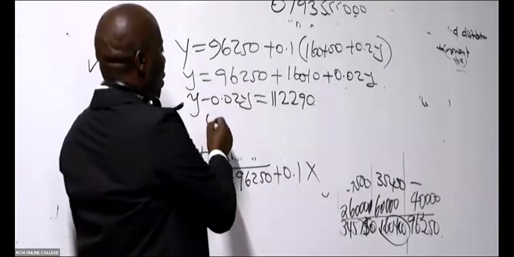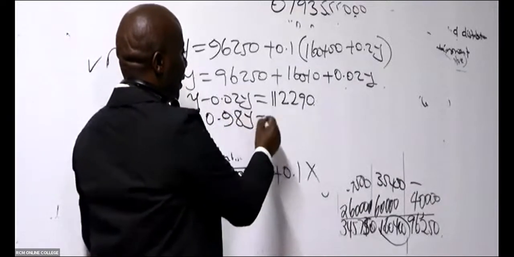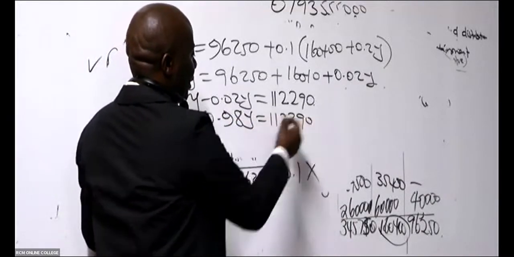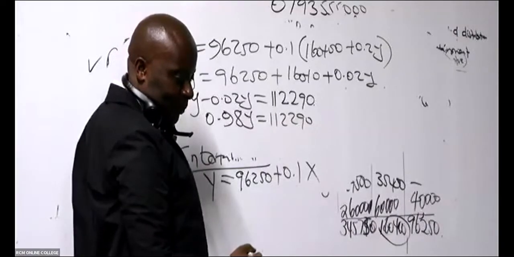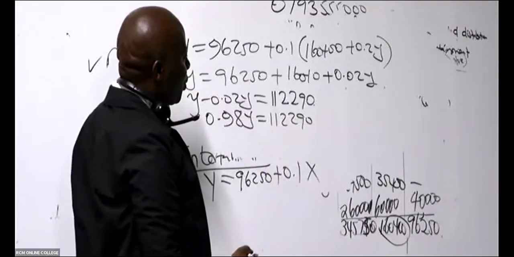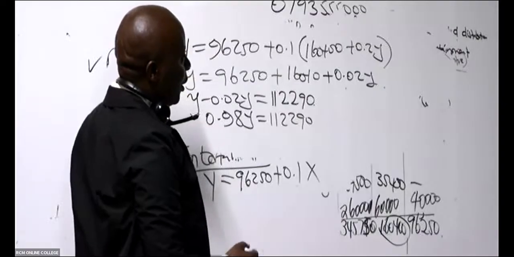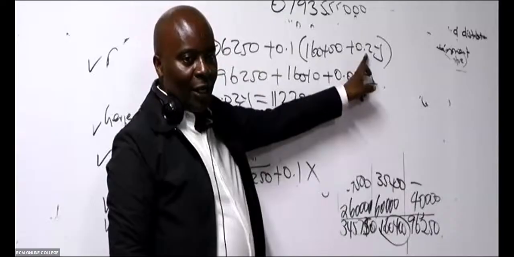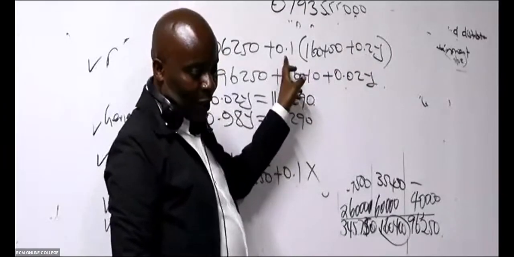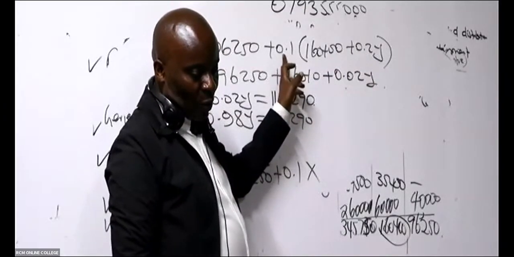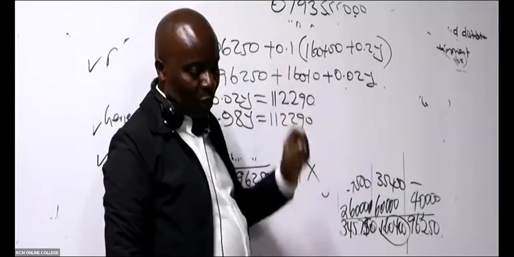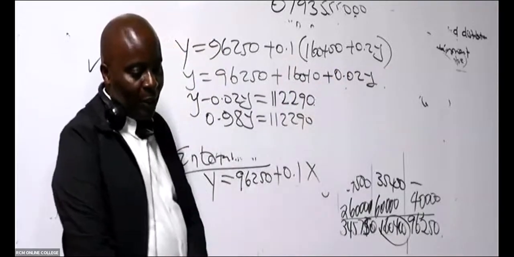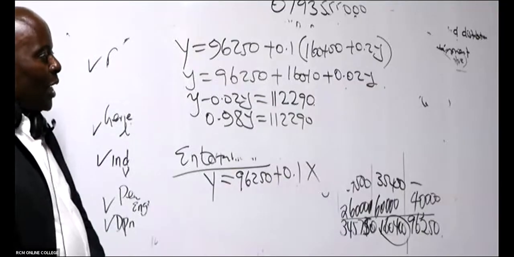And then this will be 0.98Y equals 112,290. Is it 0.02 or 0.2? Thanks for asking, Irene. This was 0.2, but we have 0.1 outside, so 0.1 times 0.2 will be 0.02.